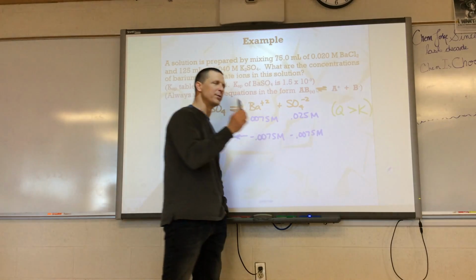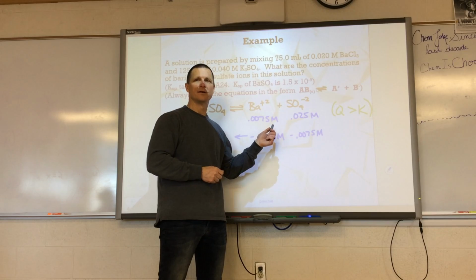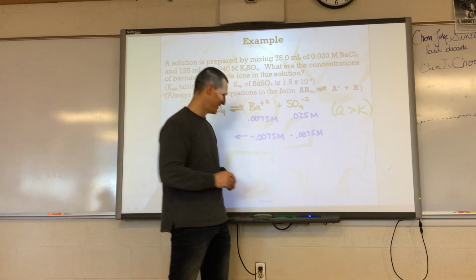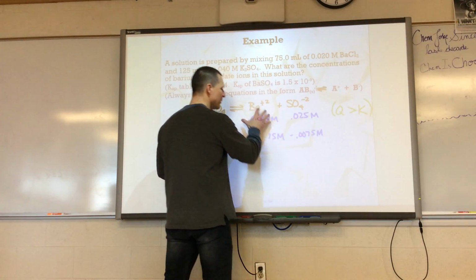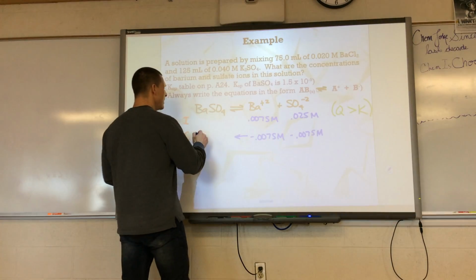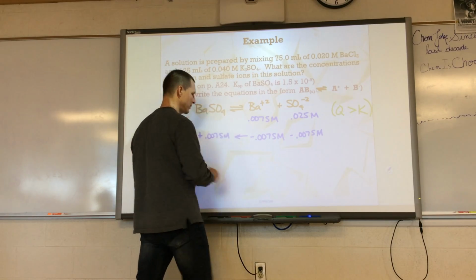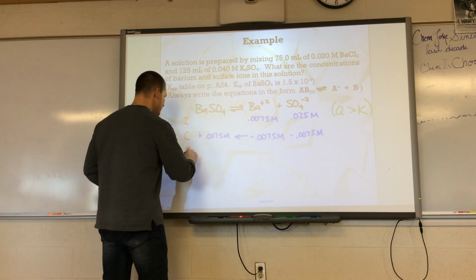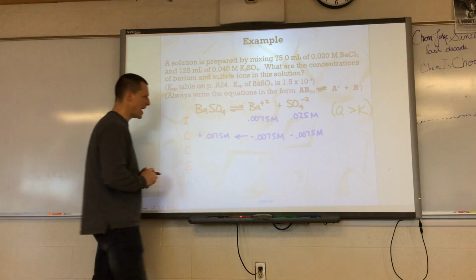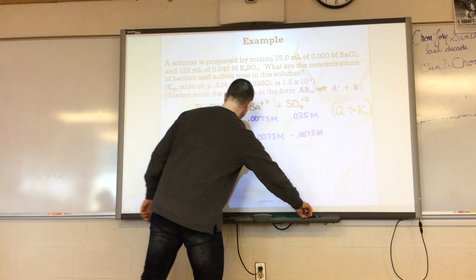Now, this is another problem where we've been a little bit spoiled. All the coefficients are 1s. That doesn't last forever, so enjoy it. So when it goes to the left, the barium is going to all be used up. This goes up by 0.0075. And then we have to have it drift back to the right. So we'll have, again, our ICE statement.